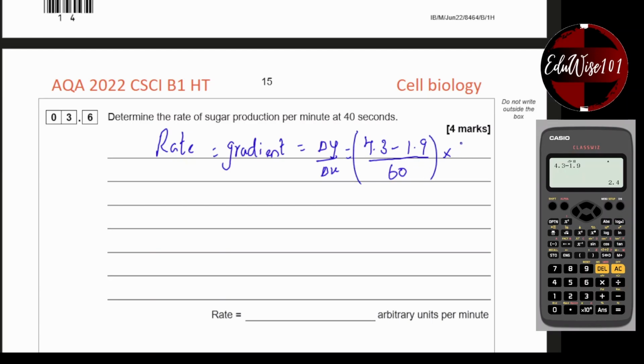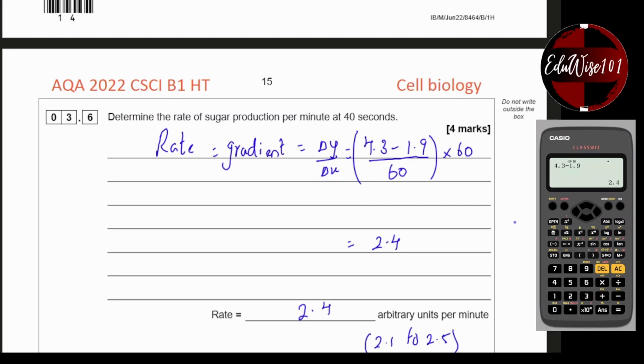Multiply that by 60 again, that should give me 2.4. Any answer within the range of 2.1 to 2.5 is acceptable here.